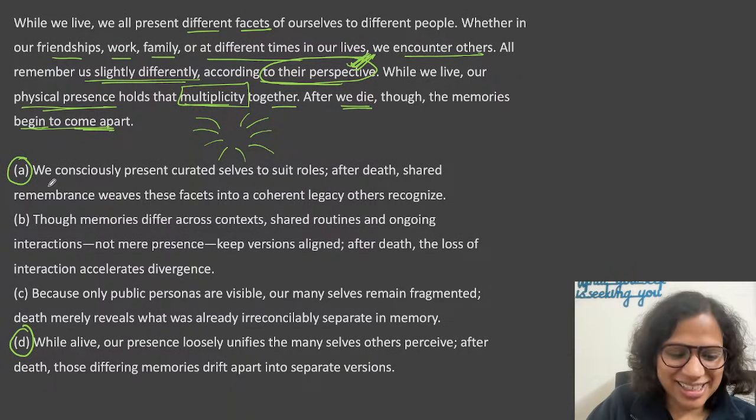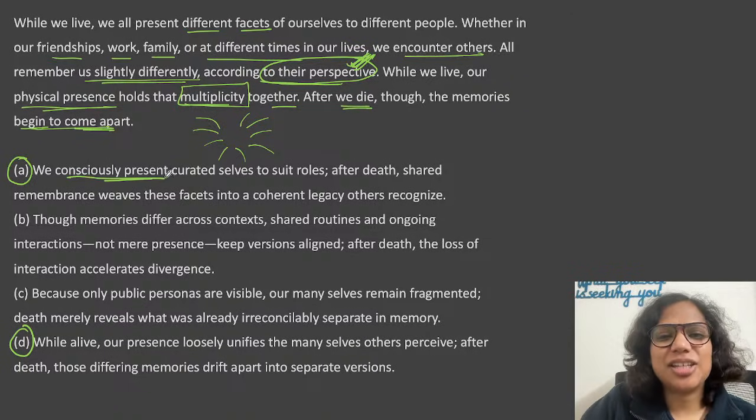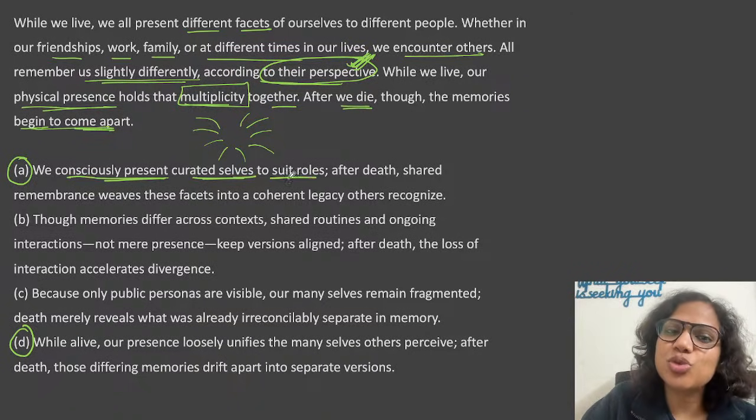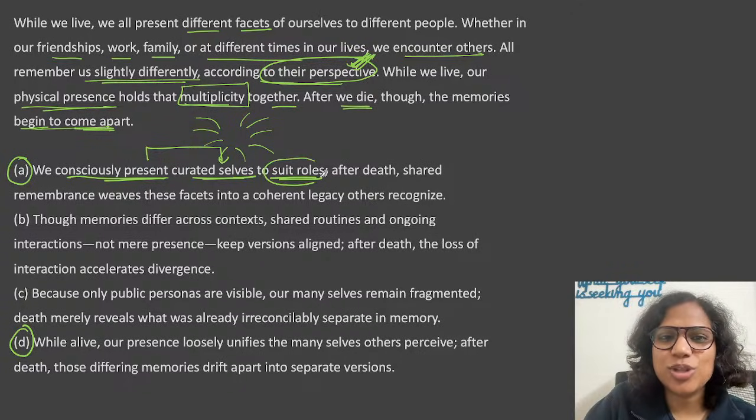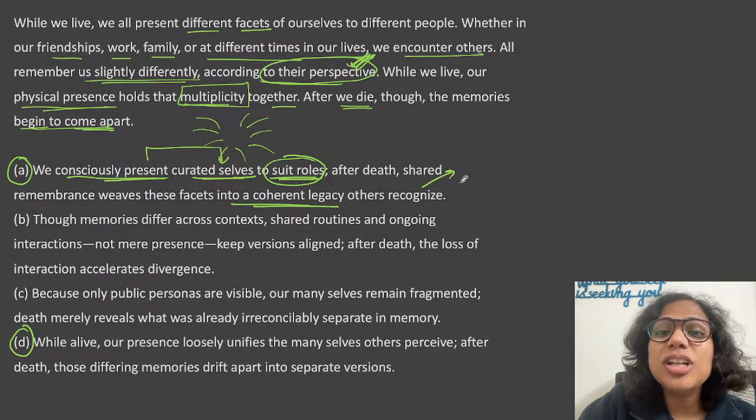चलो अब देख लेते हैं. Option A says we consciously present curated selves to suit roles. Is this saying that हम कॉन्शियसली ऐसे प्रेजेंट करते हैं? बहुत ही कॉन्शियस चॉइस होती है किसको कैसा दिखाना है, to suit our roles. After death, shared remembrance weaves these facets into a coherent legacy. नो, after death तो उल्टा हो रहा है.